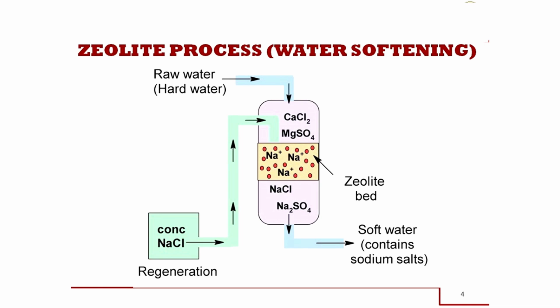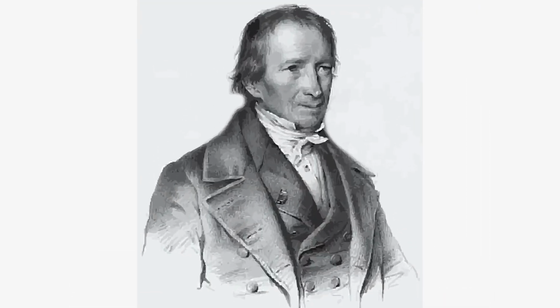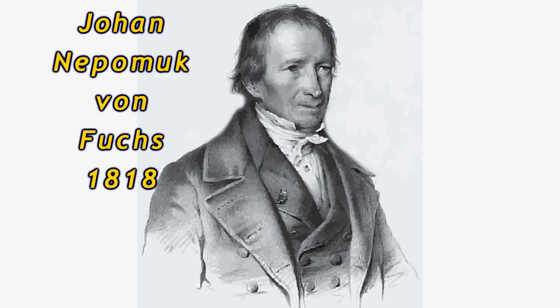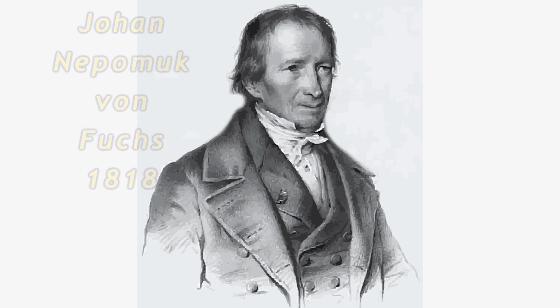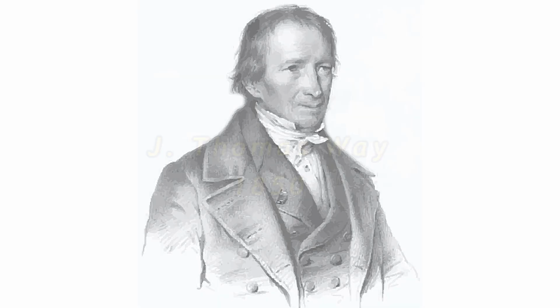In 1818, German chemist Johann Nepomuk von Fuchs discovered sodium zeolite by combining aluminum and sodium silicate. The first studies involving cation exchange date back to 1850 by J. Thomas Way. In 1905, German chemist Robert Gans discovered that zeolites could be used to soften hard water.